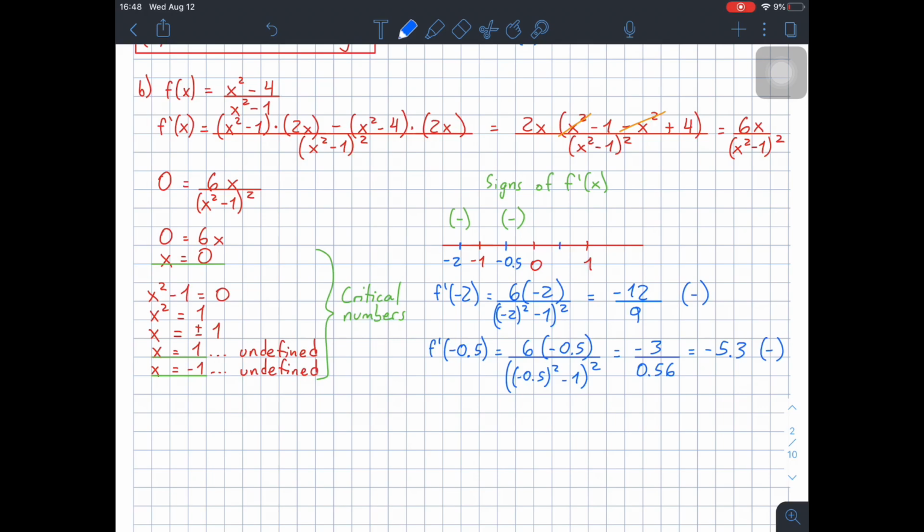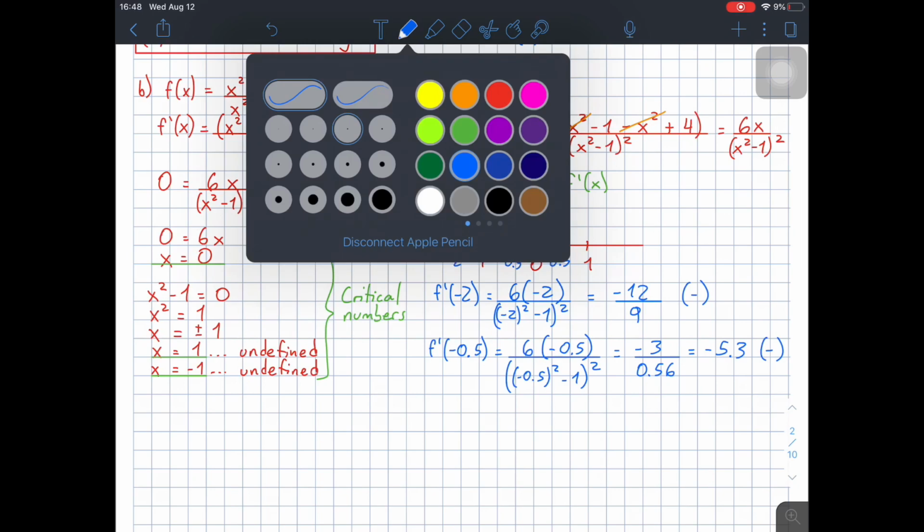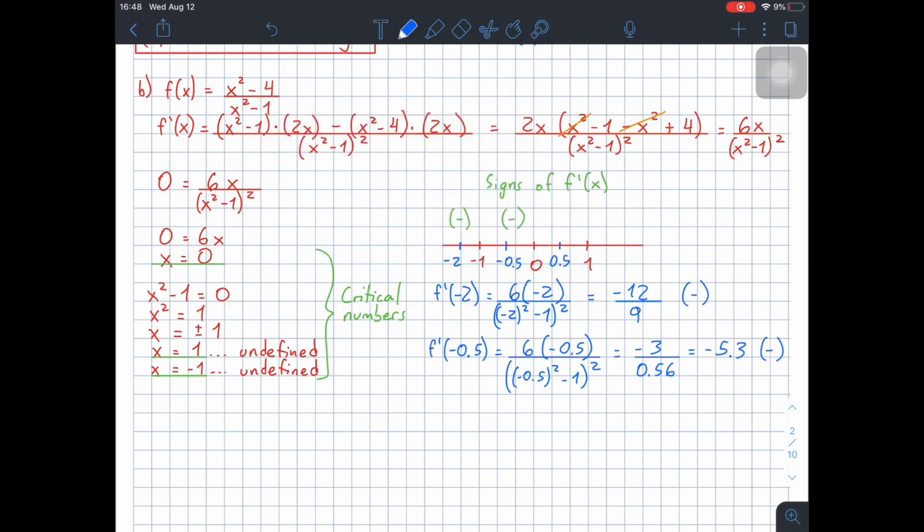Here, for example, I can pick positive 0.5. So we're going to do the same thing, but now we're going to evaluate f prime of positive 0.5. So same thing, 6 times 0.5 divided by positive 0.5 squared minus 1 squared.